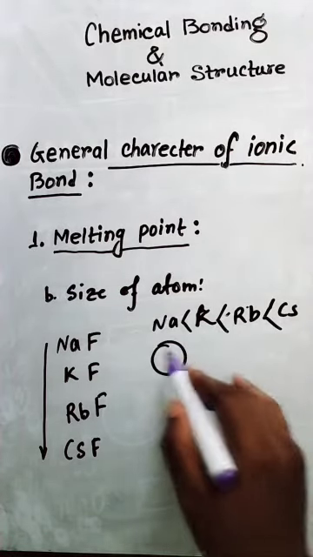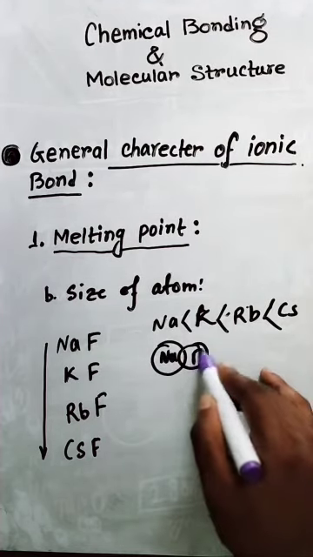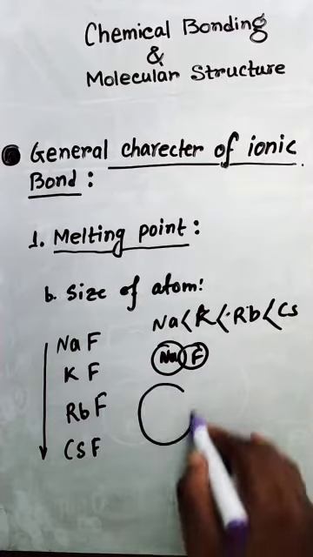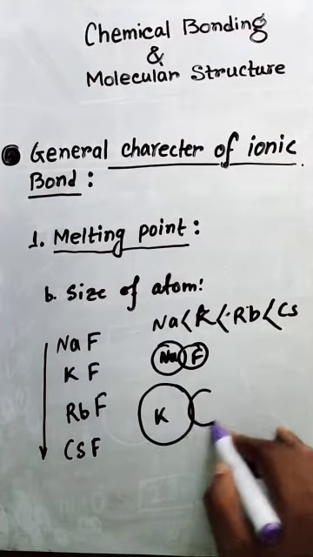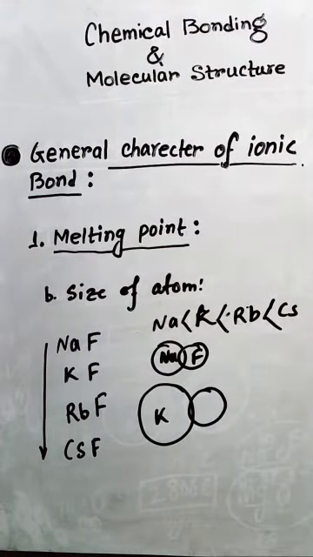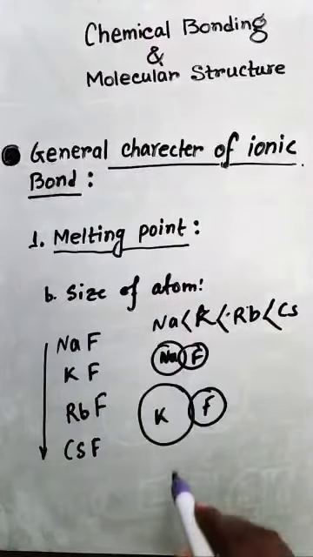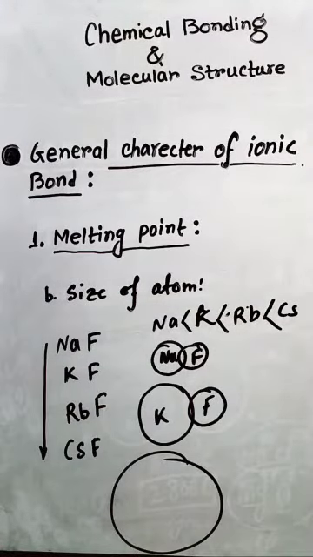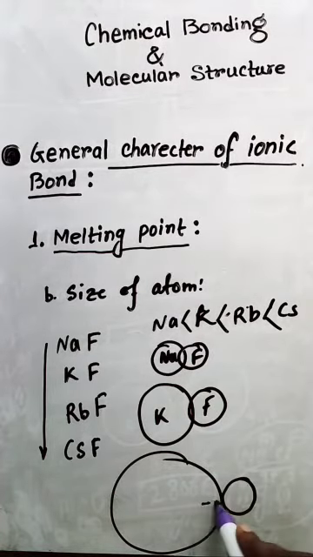So the size of potassium is greater than the size of sodium, and the attraction between sodium and fluorine is stronger than between potassium and fluorine. In case of cesium fluoride, the cesium is much larger than fluorine, so there is less attraction force between cesium and fluorine.